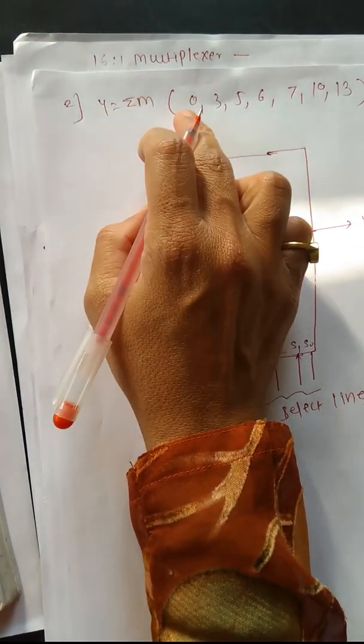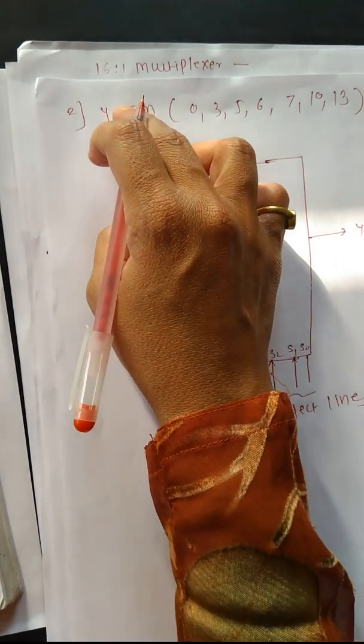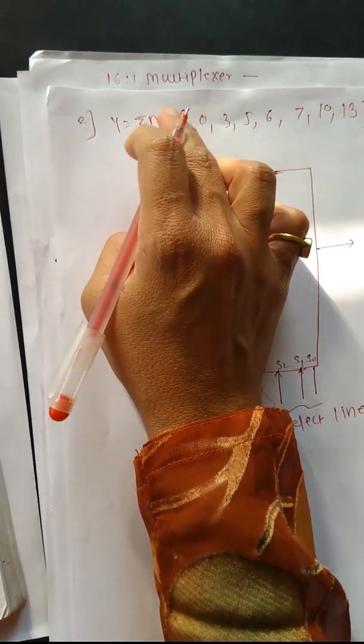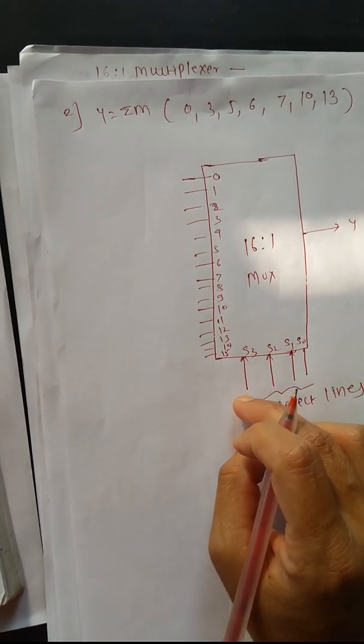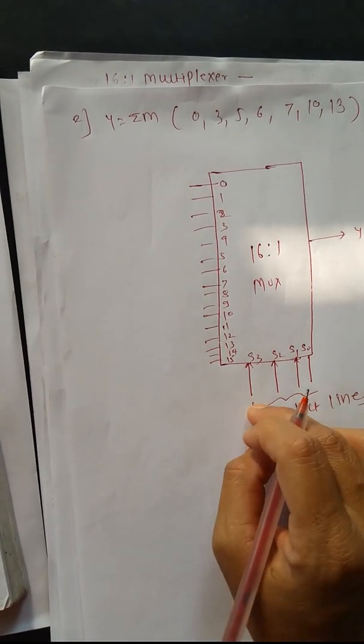Y is equal to summation m 0, 3, 5. If there is a function of A, B, C, D, then S0, S1, S2, S3 is a function of A, B, C, D. We have to write that here.